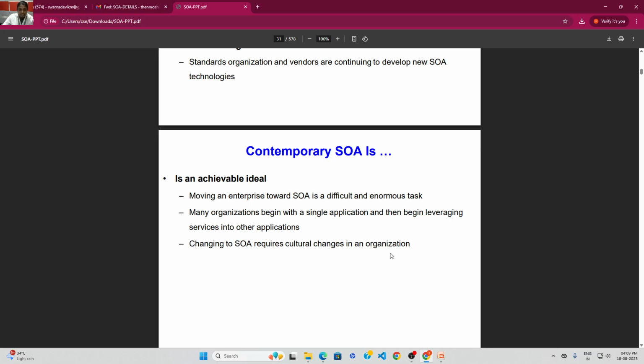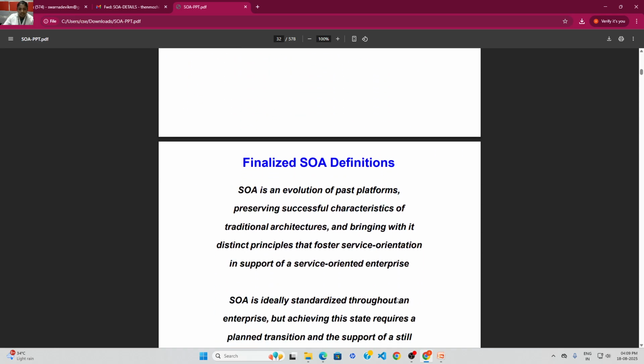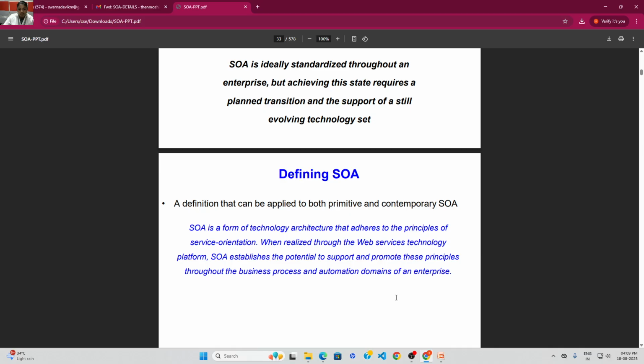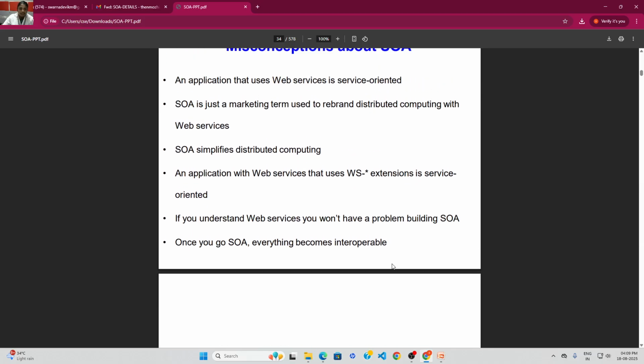By using many applications and many features of contemporary SOA, we can move towards the enterprise, and we face some difficult tasks. And this is a definition for SOA. SOA is a form of technology architecture, with the principles of SOA, and web service technologies give some platforms to be supported on an architectural basis.